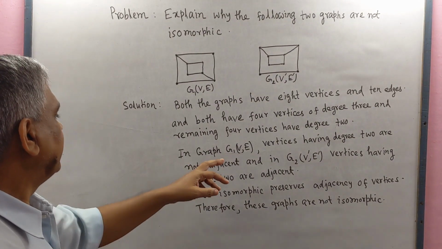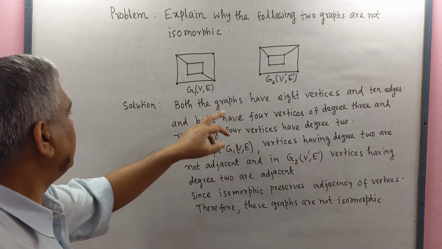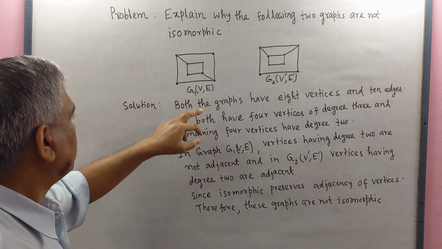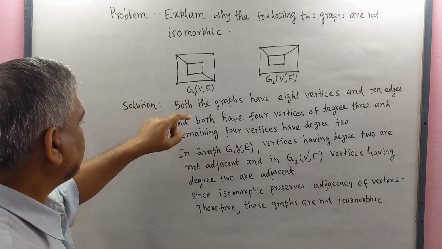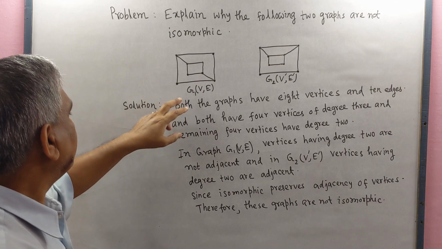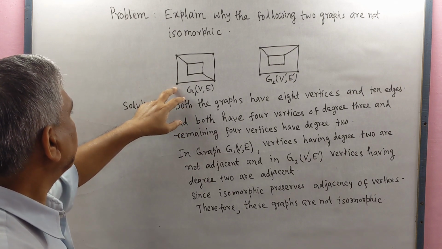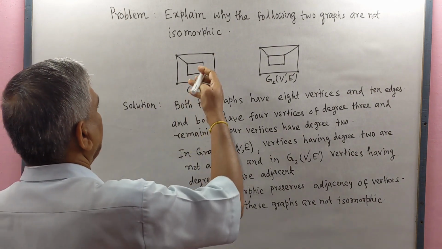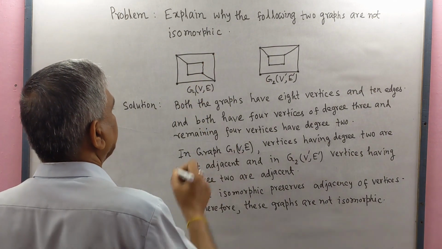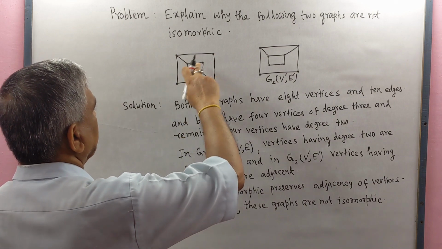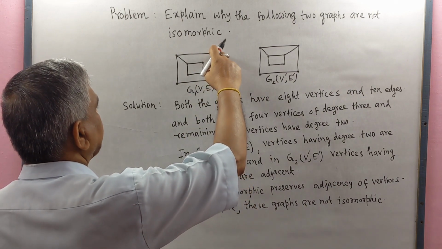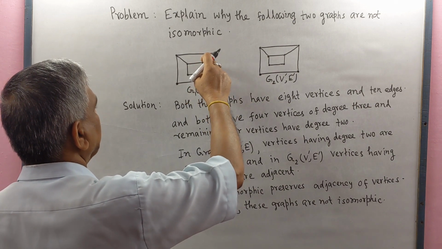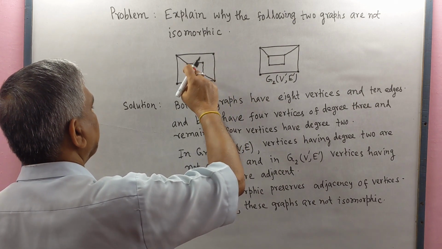But in graph G1(V, E), here we see that the vertices having degree 2, this is degree 2, this is also degree 2, this is degree 2 and this is also a vertex of degree 2. This vertex is not adjacent to this vertex and this vertex is also not adjacent to this vertex.